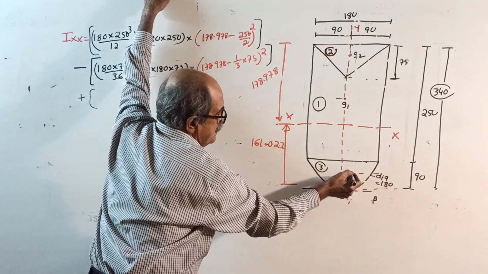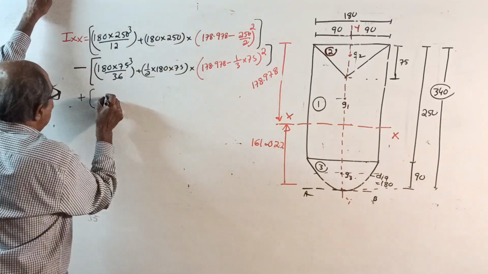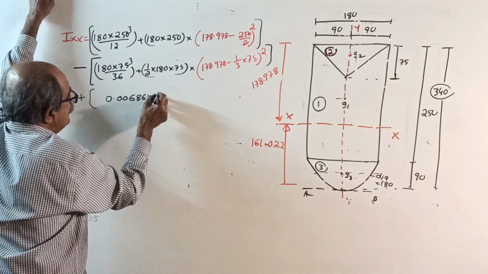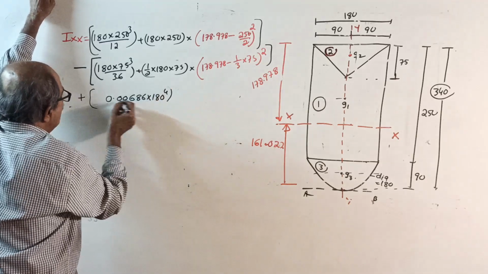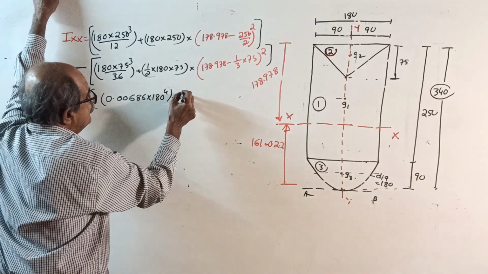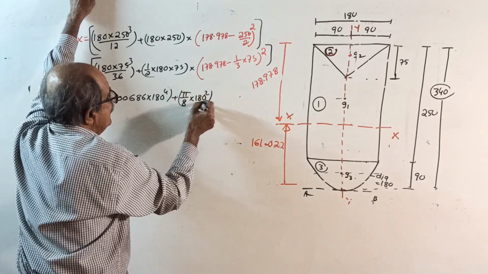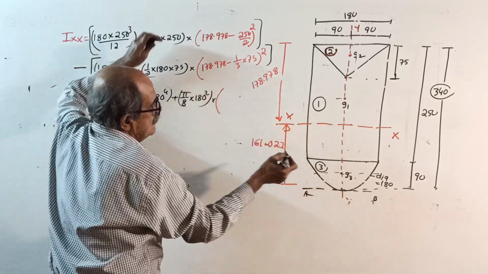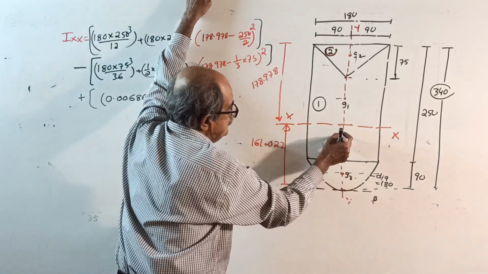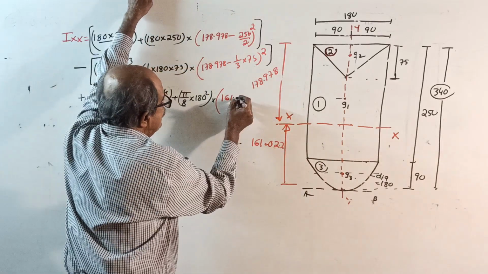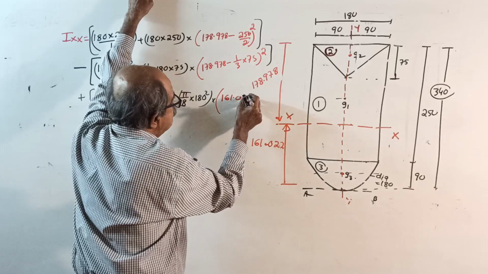First, I about its own centroidal axis: 0.00686 into diameter power 4. These all I can't explain, sorry. Plus 5 by 8 of 180 square is the area, into G3 to here, this distance square is 161.022.